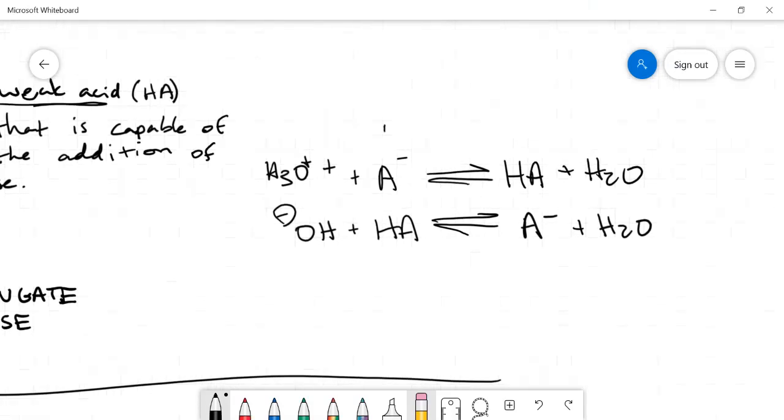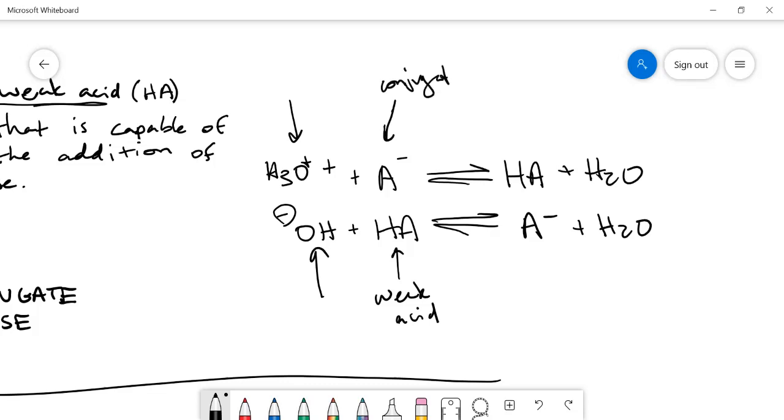Okay, look. So either if I add strong acid or strong base, I'm going to need my weak acid to neutralize the strong base, or I'm going to need my conjugate base in order to neutralize the strong acid being added so that we can form water as a byproduct.